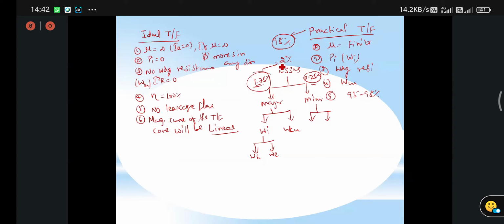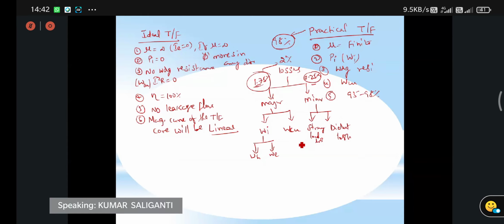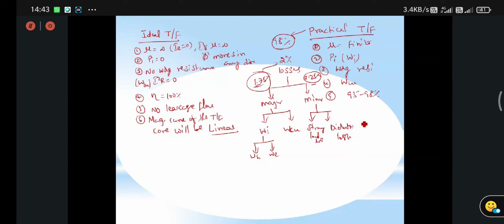The minor losses are the stray load losses, or stray losses, and dielectric losses. How do we get the stray load losses?